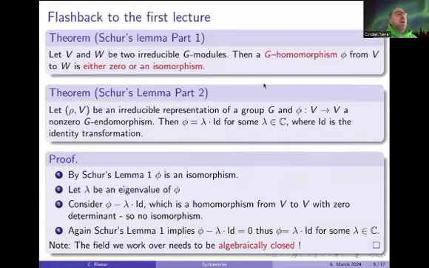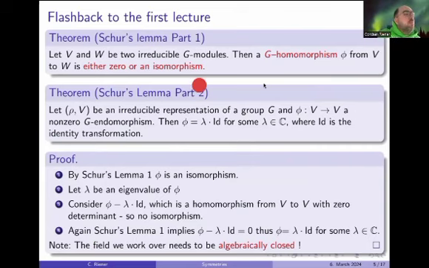We now look at another endomorphism, phi minus lambda times the identity. Again, I take a matrix and subtract lambda times the identity, if you want to think in matrices. So I get a new homomorphism from V to V with zero determinant. This will not be an isomorphism, and one verifies very easily that it still commutes with the group action, so it is still a group homomorphism.